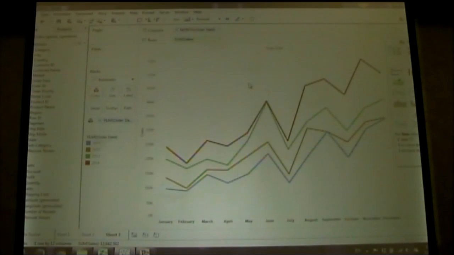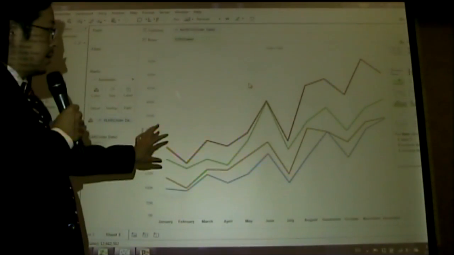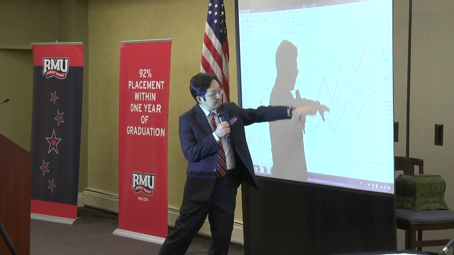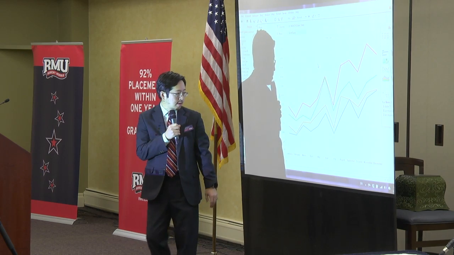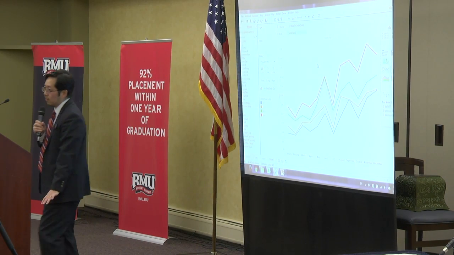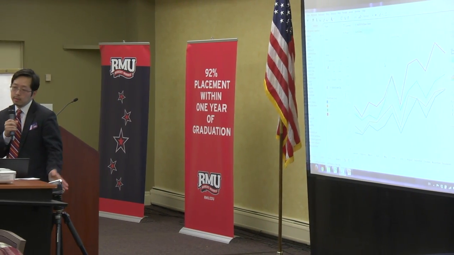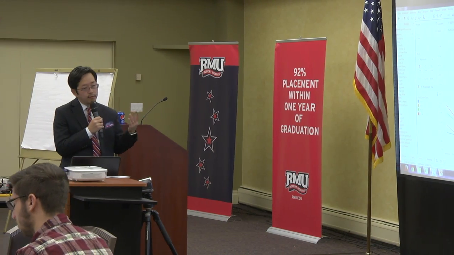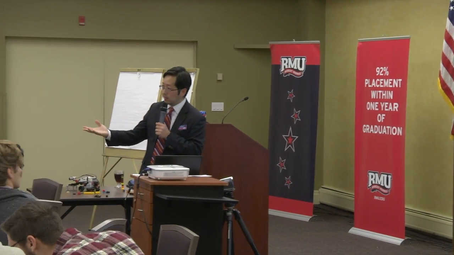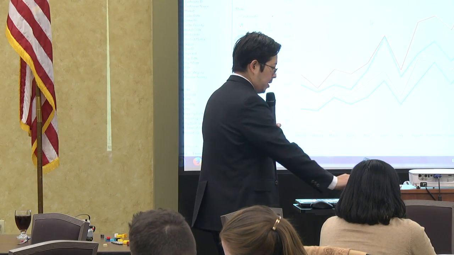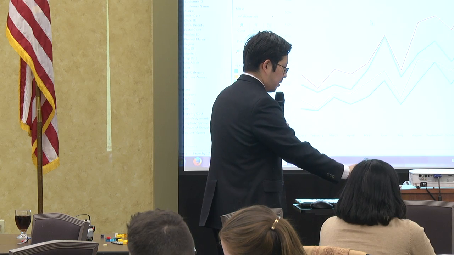Now the different color shows the sales in different years, and from this data we can tell there's some sort of seasonality here in July, August, somehow. So it could be used to provide some additional information maybe the sales department, marketing department can use.